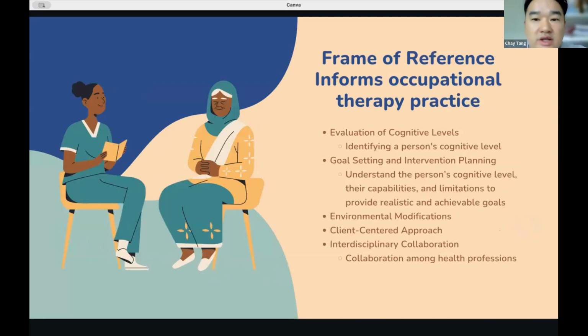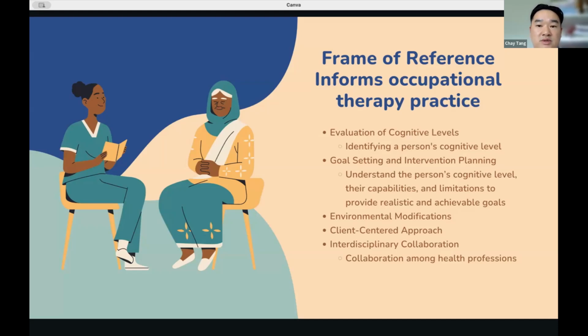And speaking regarding frames of reference, how that informs occupational therapy practice, evaluations of cognitive levels are very important so that the occupational therapist can provide the correct goal setting and intervention planning.